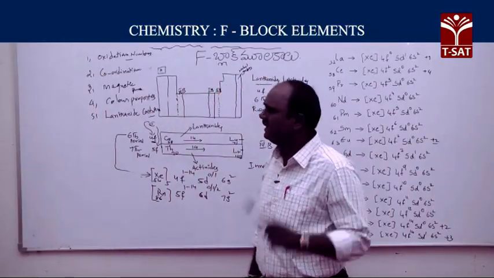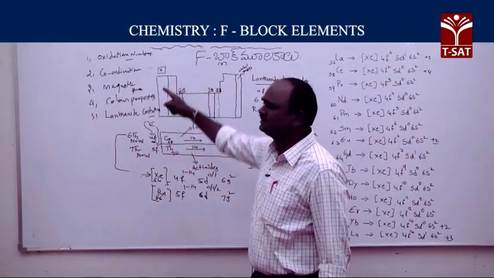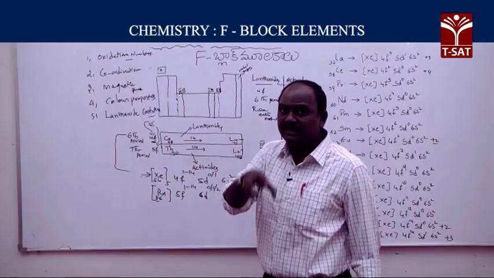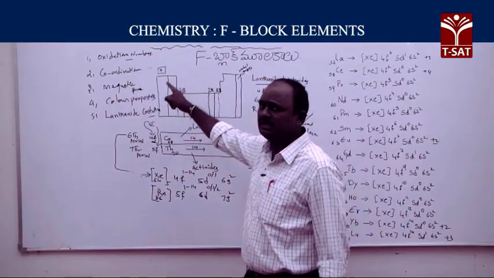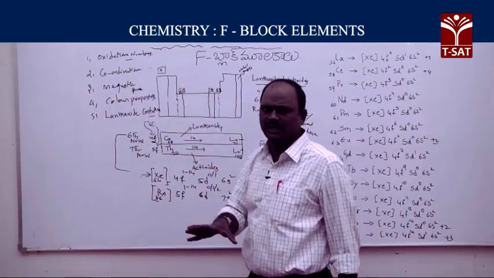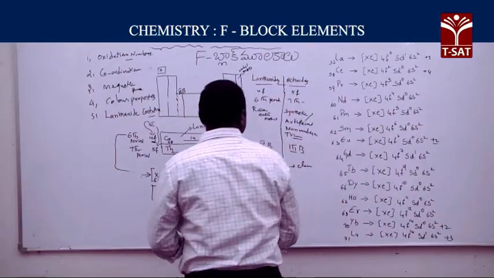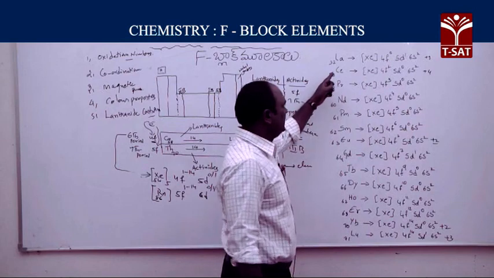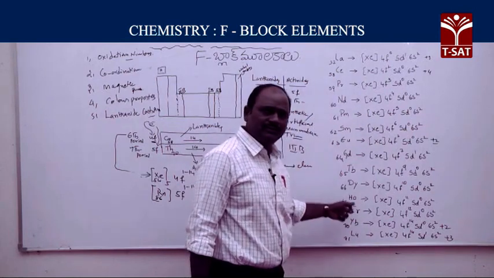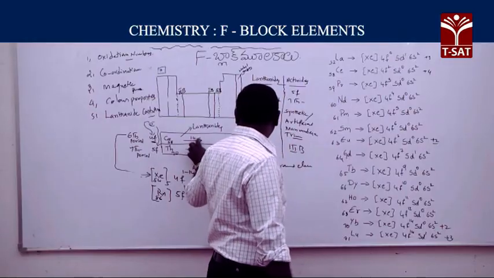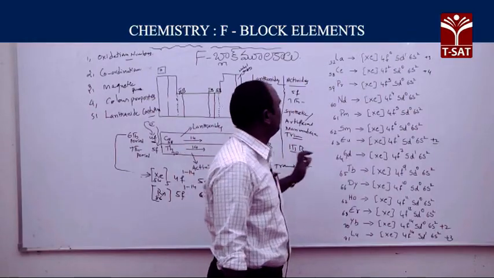First, take the oxidation number. Whenever you are interested to learn about the oxidation numbers of inner transition elements, simply observe the electronic configurations. Here, the electronic configurations of inner transition elements, the lanthanides, are given, cerium to lutetium.